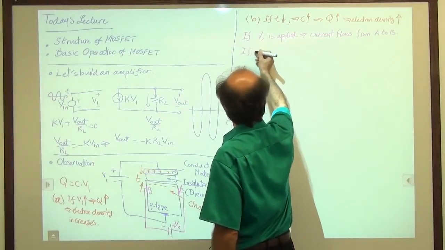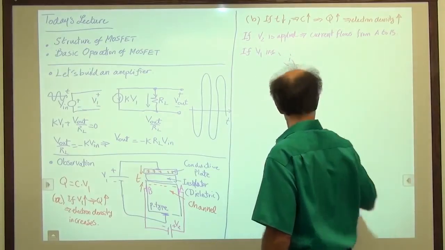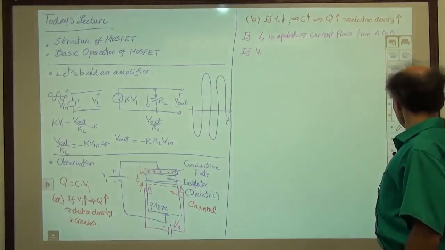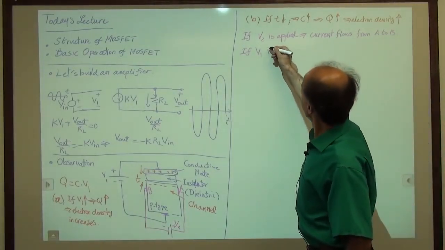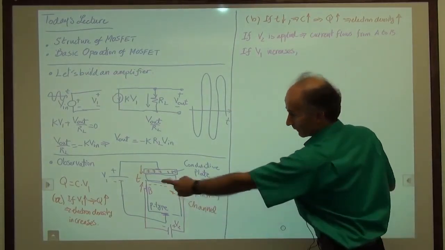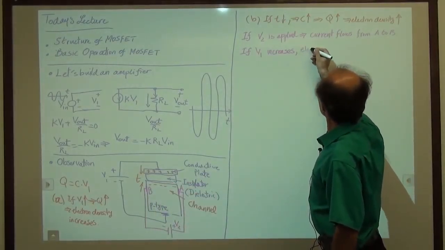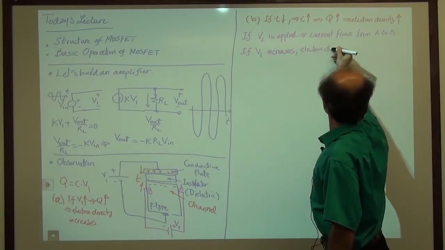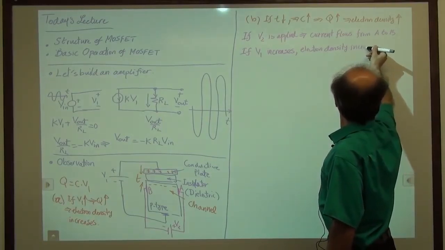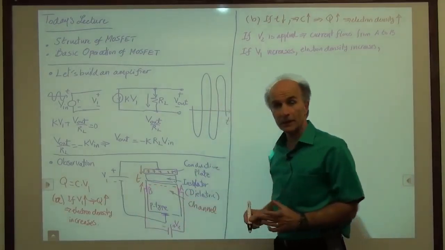If V1 increases, then we know from previous analysis that the electron density increases, which means the resistance between A and B decreases, right?